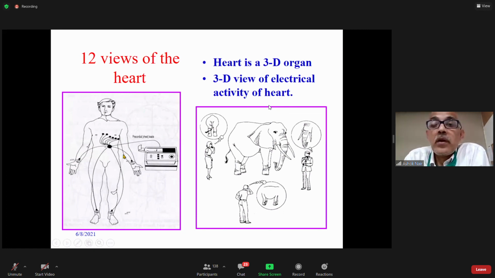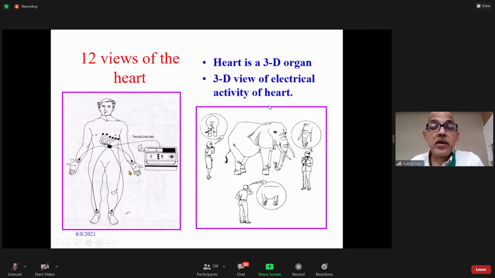ECG. Now, briefly, let me tell you what a lead means. A lead records a difference in potential between 2 points. Okay, recording a difference in potential between 2 points. That is a lead. Take for example, the difference in potential between right arm and left arm is one lead.